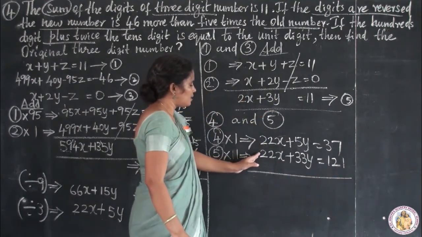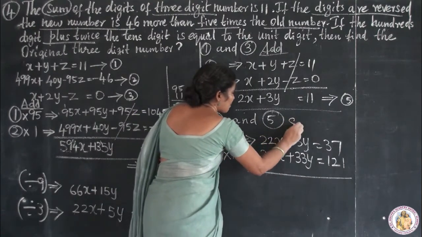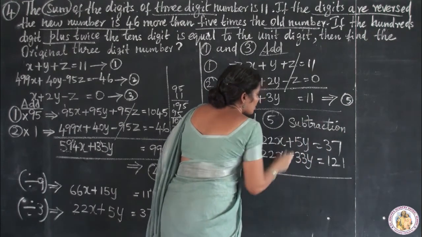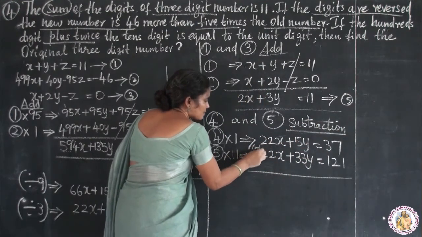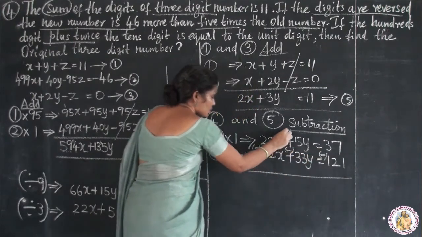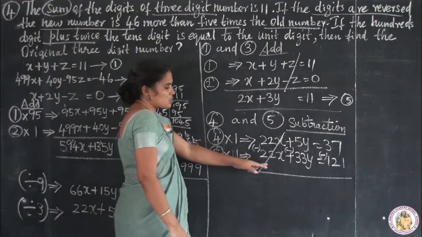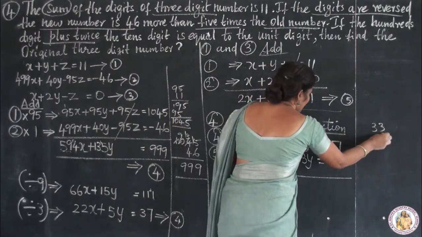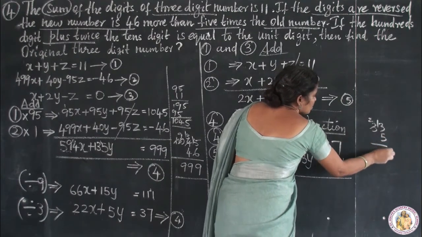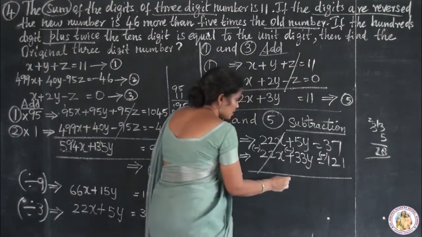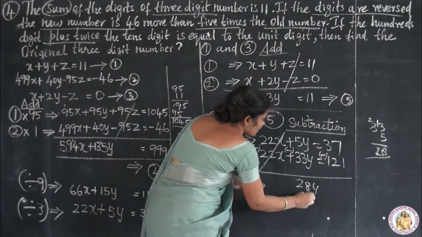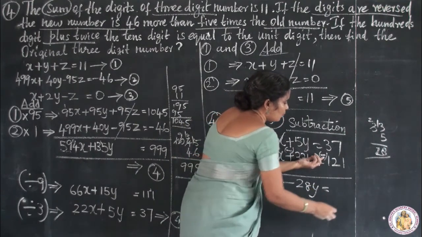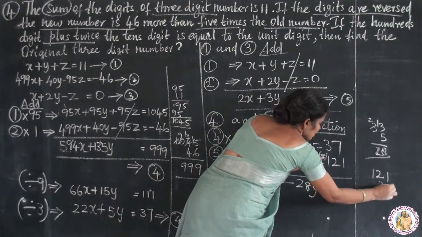We have same sign, so we can't cancel, right, it is subtraction, so you have to change the sign. So 22x minus 22x cancel, 33 minus 5, so 28y. 33 is greater, is equal to 121 minus 37.